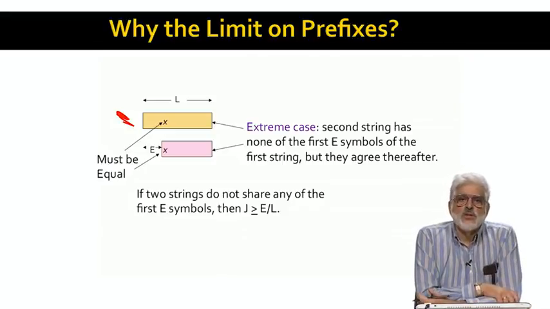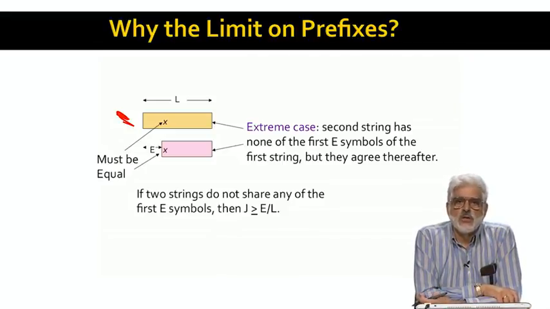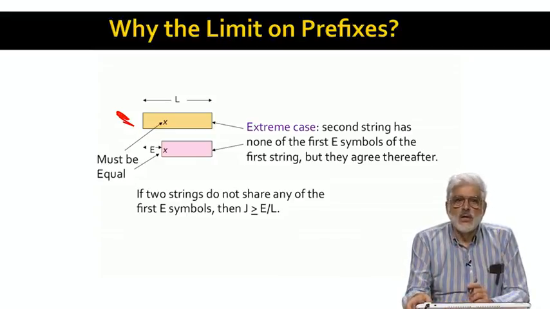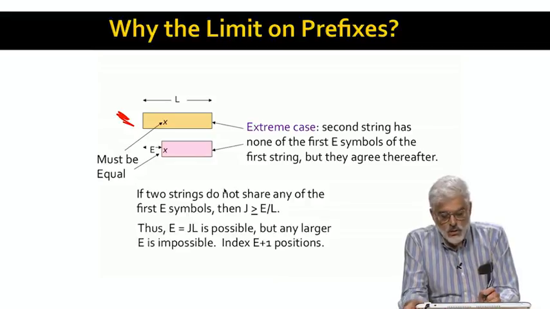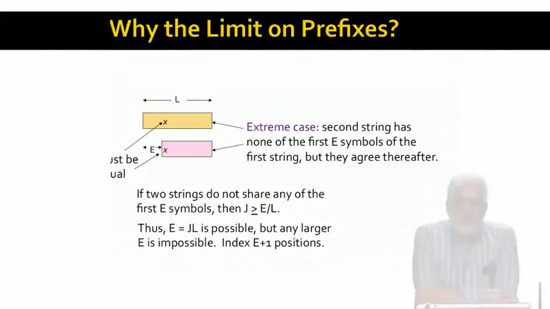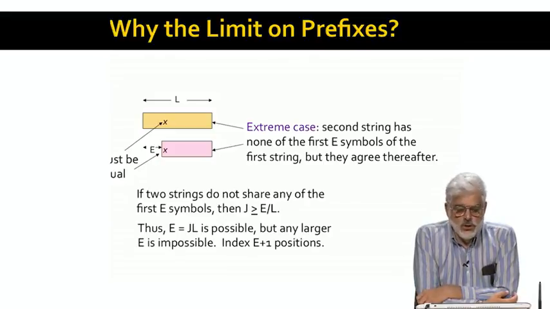In this situation, the Jaccard distance between the strings is E over L. You can check that by computing the sizes of the union, which is L, and the intersection, which is L minus E. Since these two strings are supposed to have Jaccard distance at most J, we must have J greater than or equal to E over L. Put another way, E can be as large as JL, but it can't be larger.